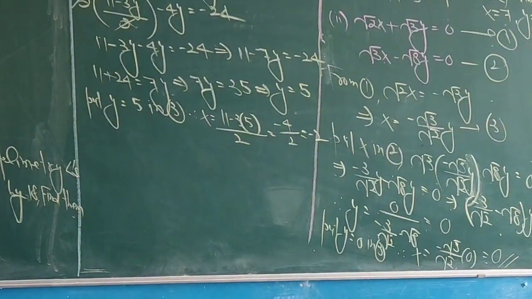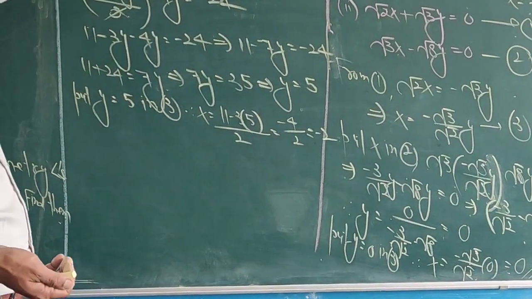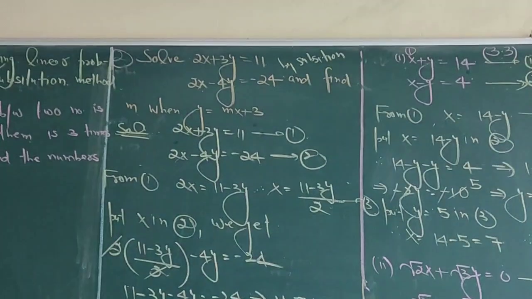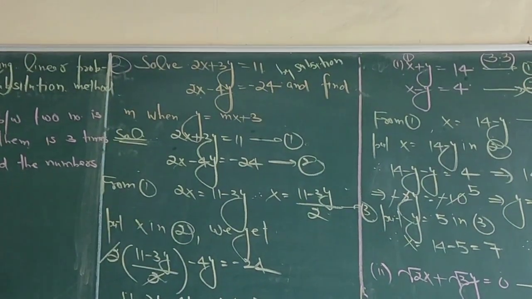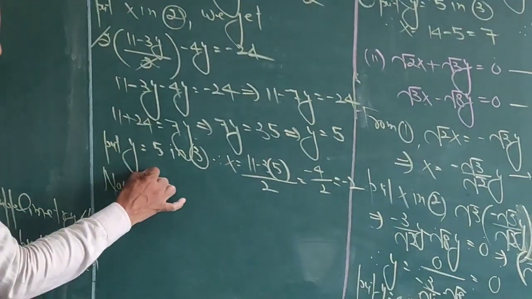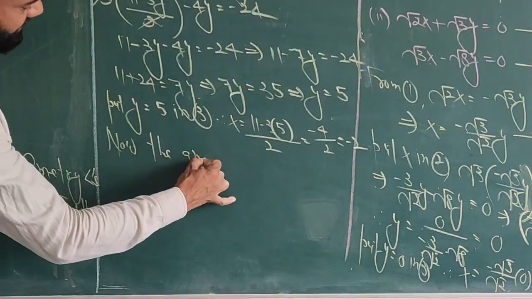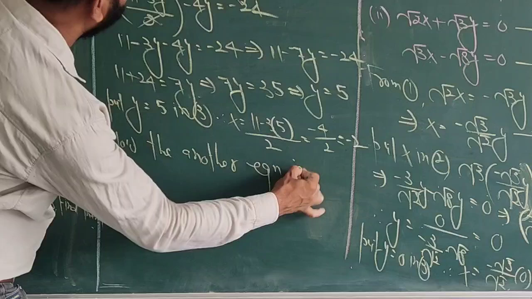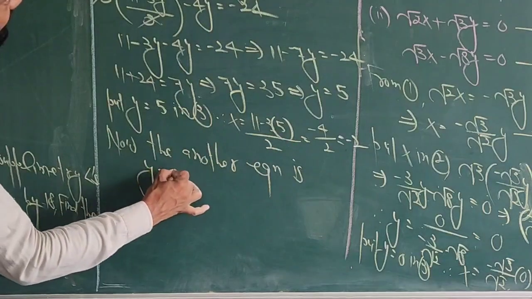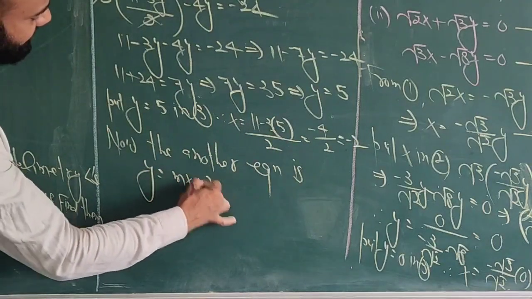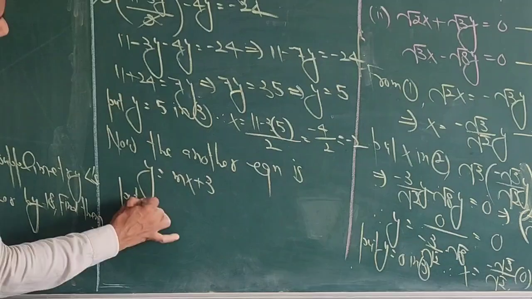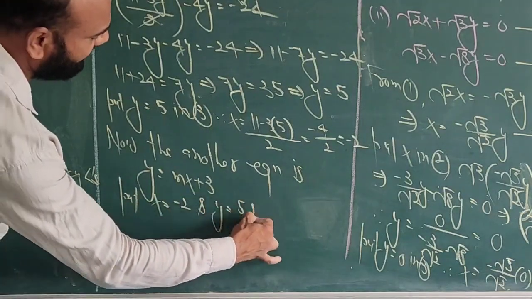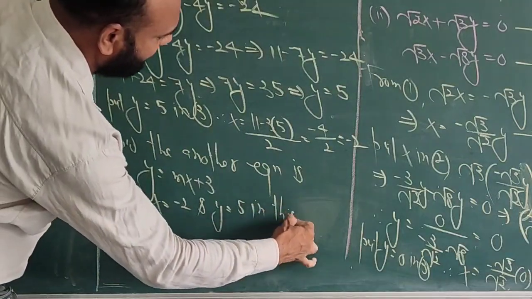Now we want to find the value of m by putting the values of x and y in the equation y equal to mx plus 3. Put x equal to minus 2 and y equal to 5 in this equation.